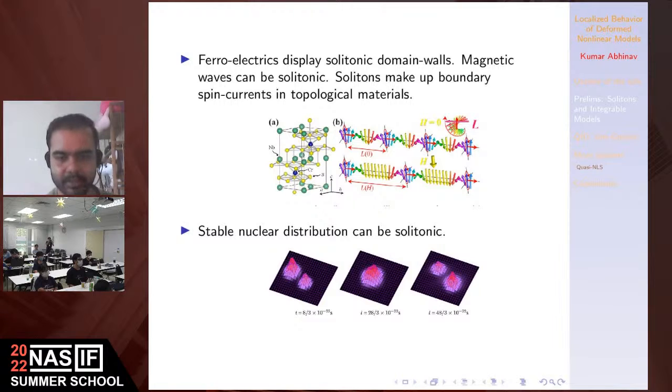Then another example is nuclear systems, where you have many radioactive objects, excited nuclei, which are lumped together. And if you see their distribution, they mostly behave like solitons. You can see in the first image in the bottom line, there are two lumps.